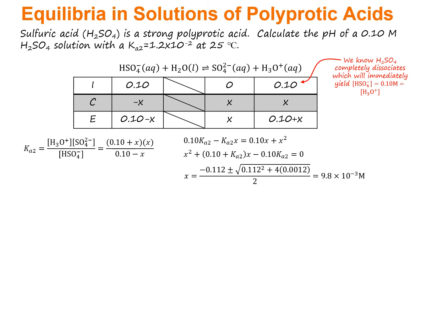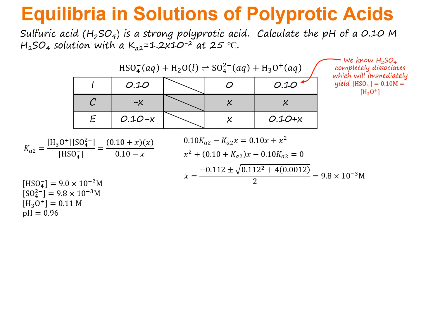Plugging all those values in, I end up with an X value of 9.8 times 10 to the minus 3 molar. And if I plug in what our values are for the HSO4 minus, we end up with 9 times 10 to the minus 2 molar by just doing 0.1 minus that 9.8 times 10 to the minus 3.